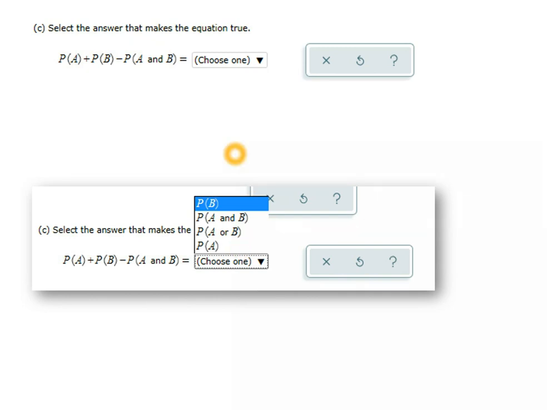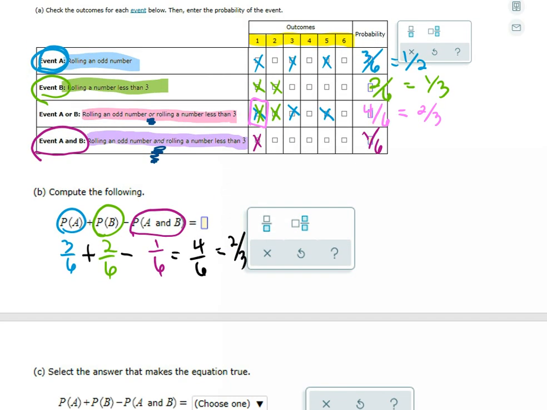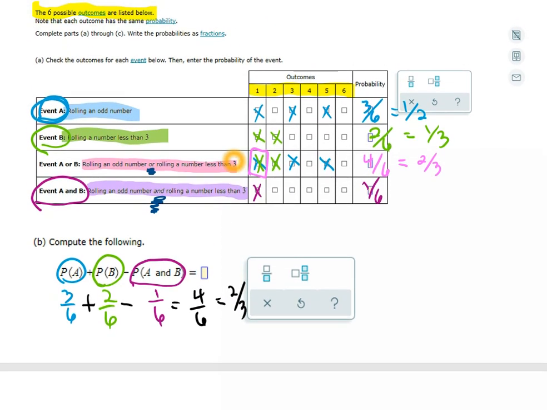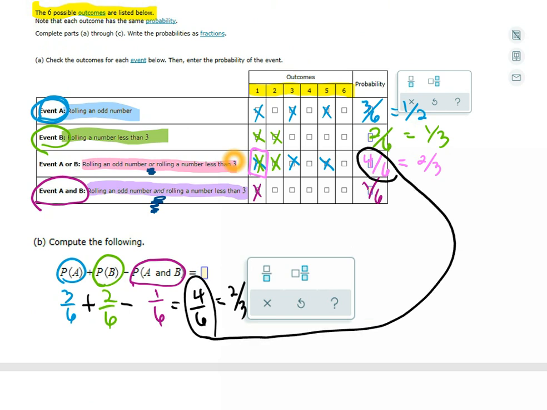And when you look at it, the answer that we got was this 4/6 right here, which when I go back and look, was a 4/6 or 2/3. But that came from event A or event B.